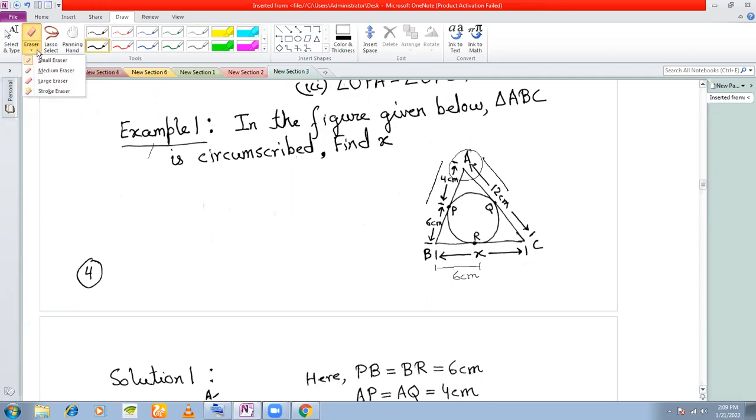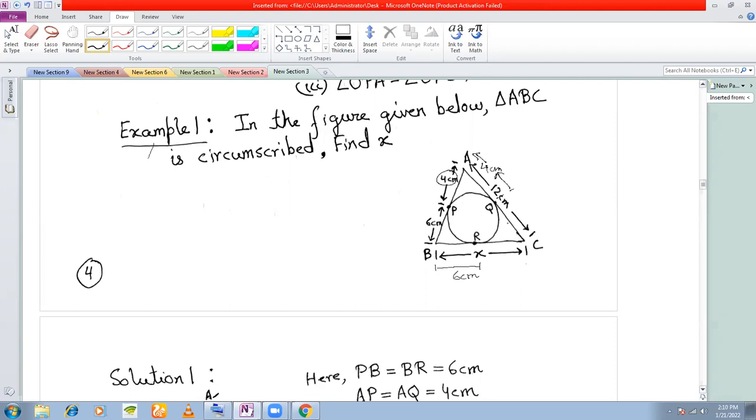If these two are tangents drawn to the circle from the point A, then their lengths must be equal according to our theorem. So if this length is 4 centimeter, this length must also be 4 centimeter, because the lengths of the tangents drawn to a circle from an external point are equal. So this is 4 centimeter.